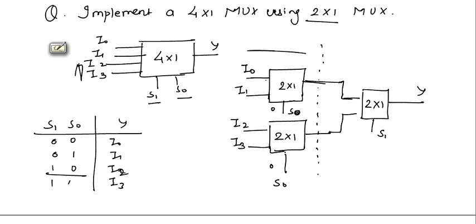If S equal to 0, then the upper input will be passed. Now if S equal to 1 for the next multiplexer in the next level, S1 equal to 1, then the lower input will be passed. So output Y will be equal to I2. So it is working.